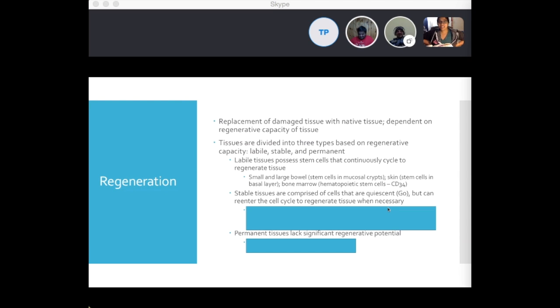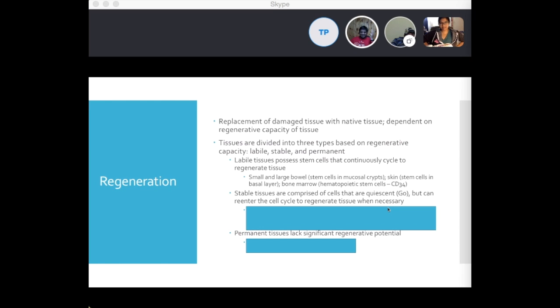Alright, so now we have stable tissues, and these are the ones that can re-enter the cell cycle to regenerate tissue when necessary. Anyone give me an example for this guy? Is it neural tissue? There's a particular organ that can be... Liver?